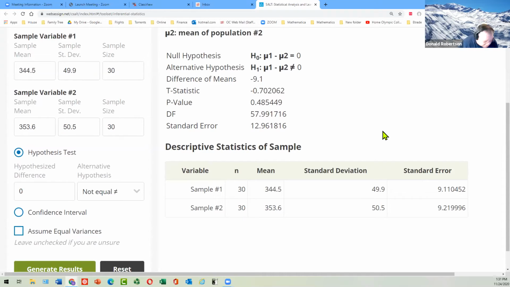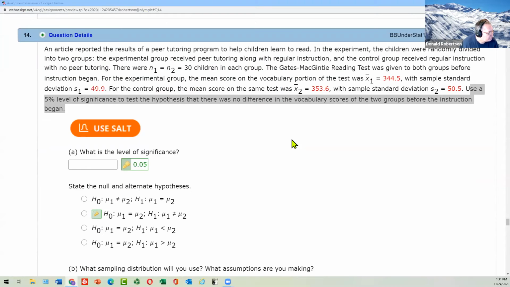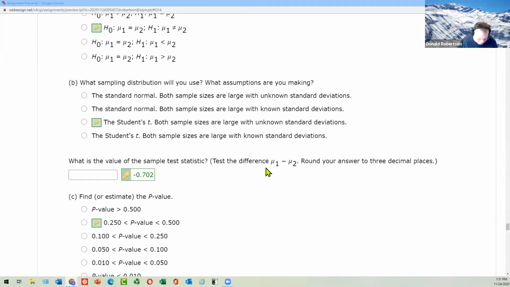The t statistic is negative 0.702, and the p-value is 0.485. Let's see how that works out. There you go, negative 0.702, it worked fine.